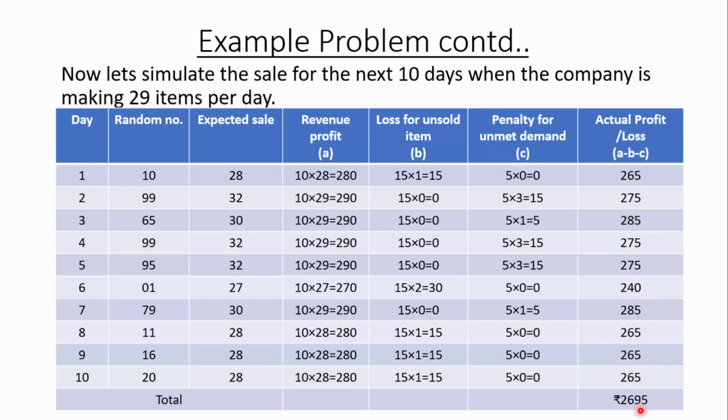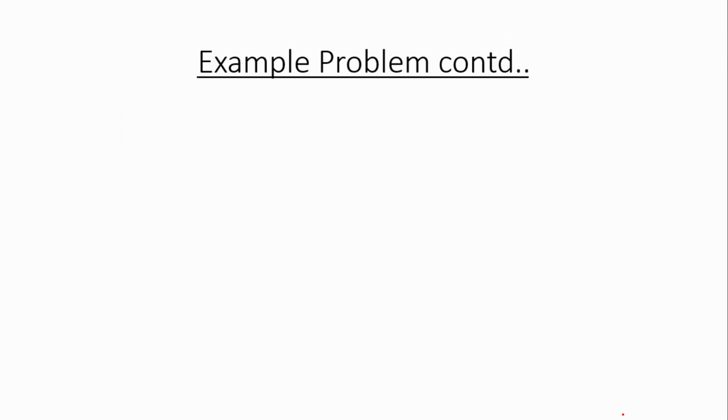It is interesting to see that the total profit is coming as 2695, which is exactly the same as when the company was producing 29 items per day. So let us see what we can conclude from here.